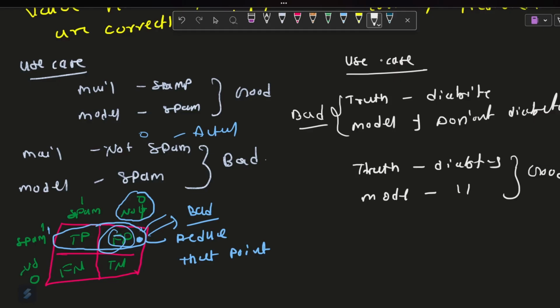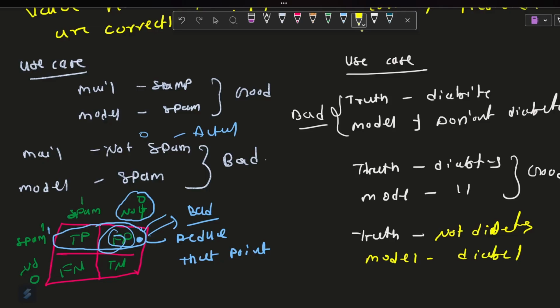But what happens in the third case: the truth is no diabetes, but the model predicts that the person has diabetes.